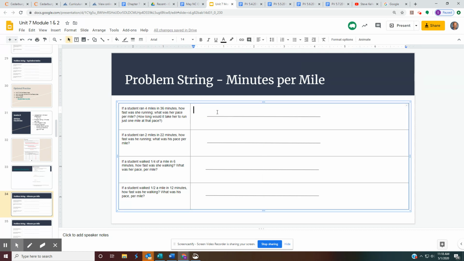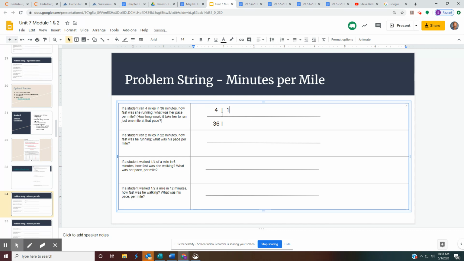Our first problem says that if a student ran 4 miles in 36 minutes, how fast was she running? And what was her pace per mile? So how many minutes per mile? Again, remember when we figured this out, we did 4 as our top number, right? And for our bottom number, we were using 36, which was the amount of minutes it took, right? Now, we wanted to figure out how long it would take for 1 mile, right?